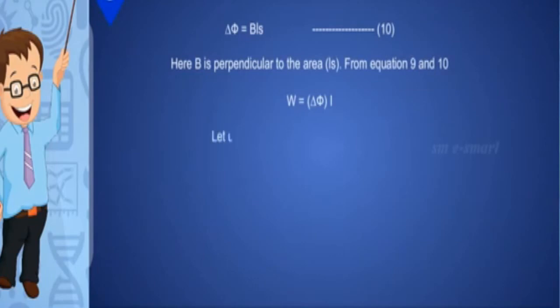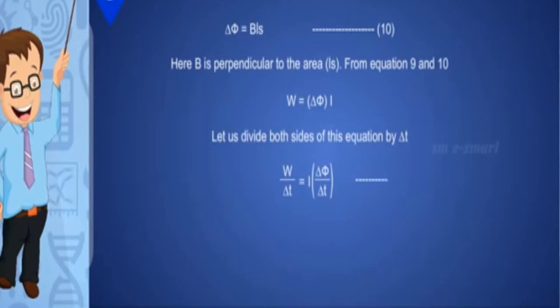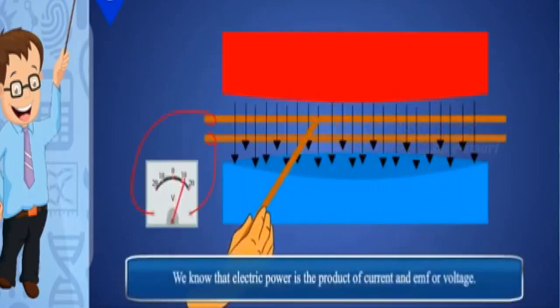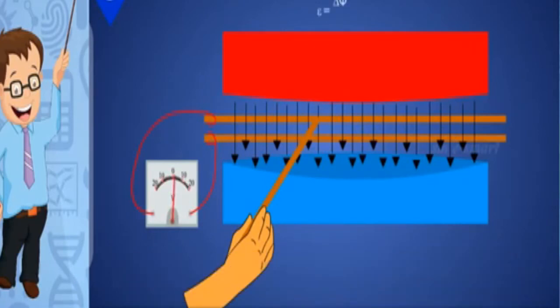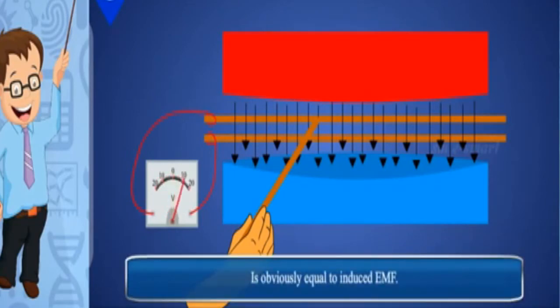Let us divide both sides of this equation by delta t. W by delta t equals I into delta phi by delta t. Let this be equation 11. Electric power P equals I delta phi by delta t. We know that electric power is the product of current and EMF or voltage. Epsilon equals delta phi by delta t, which is obviously equal to the induced EMF.